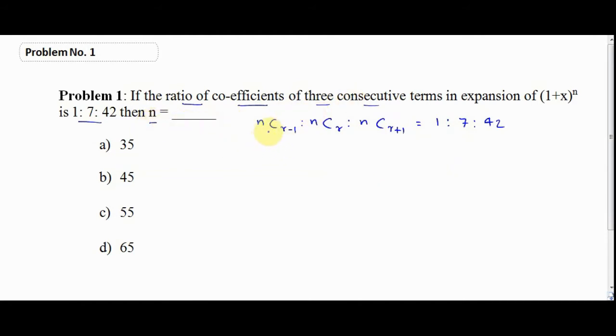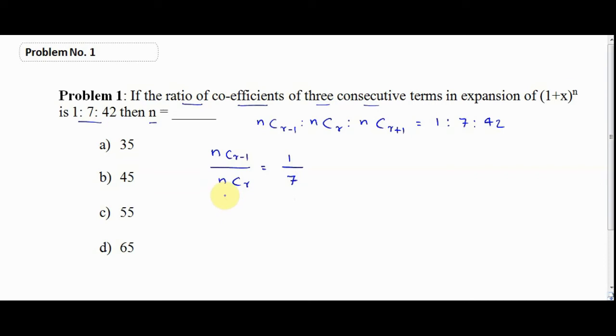First, we will consider the ratio between nC(r-1) and nCr. From this, we may write the ratio of nC(r-1) to nCr will be equal to 1/7.